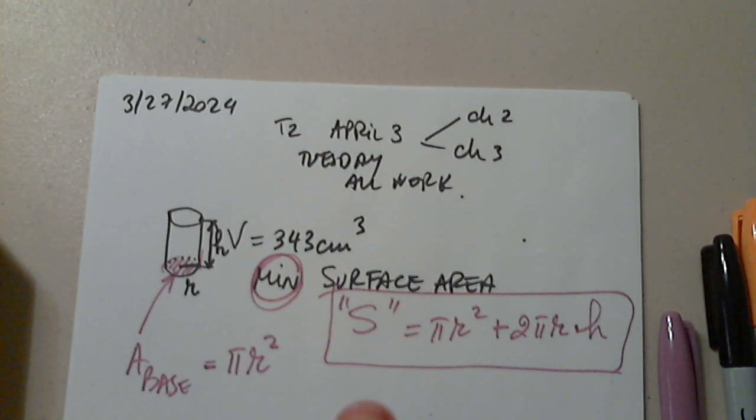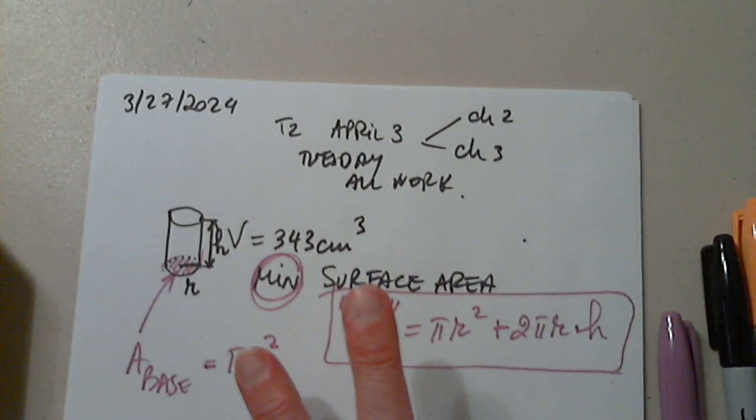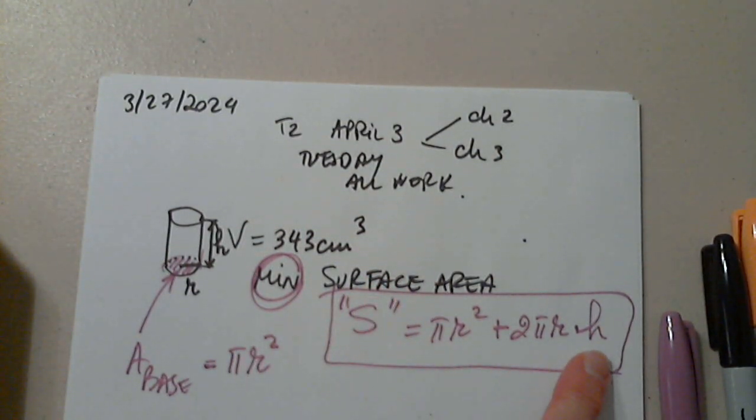Pi? Pi is a poor number, 3.14. Nobody cares about pi because, say it again. Would it be height and radius? Yes, the fact that I have two variables. I have r and I have h.